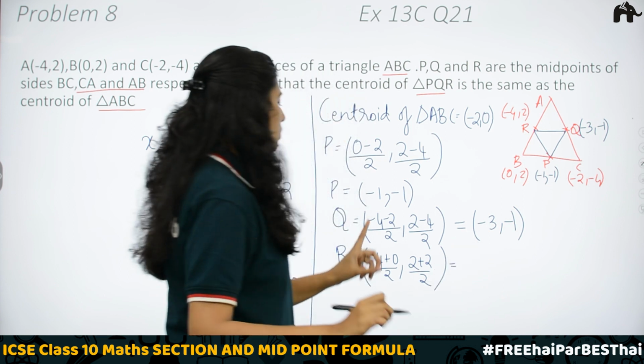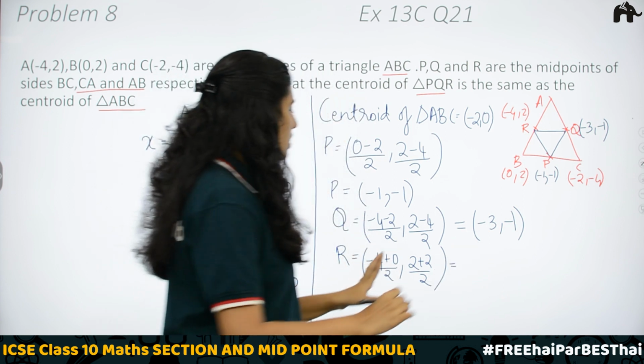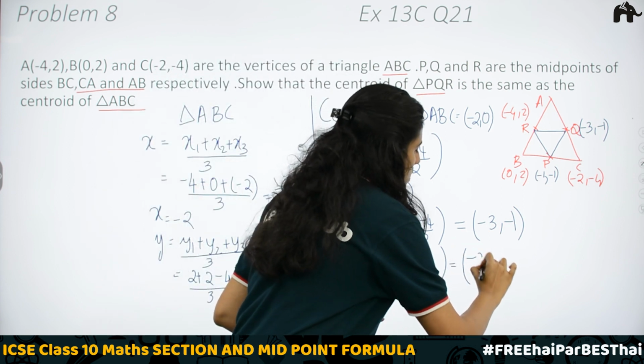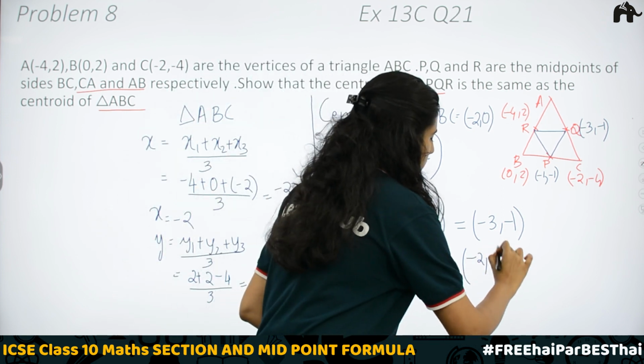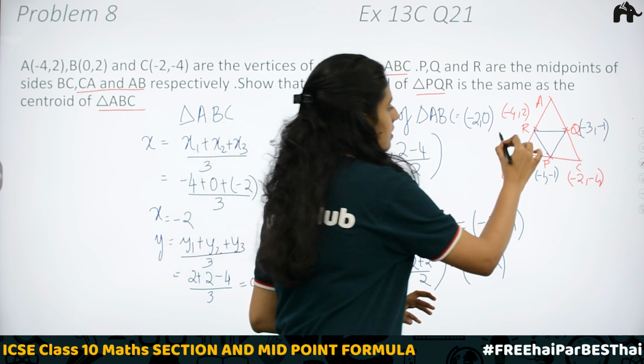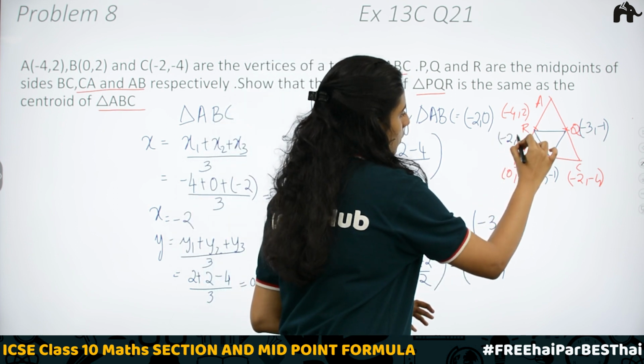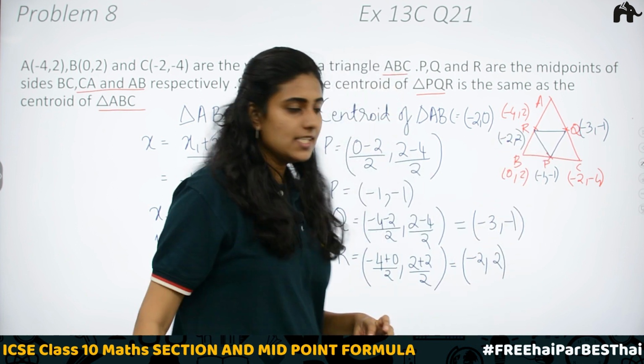That is equal to -4 plus 0 is -4, -4 by 2 is -2. 2 plus 2 is 4, 4 by 2 is 2. Coordinates of R are (-2, 2). Now we can easily find the centroid.